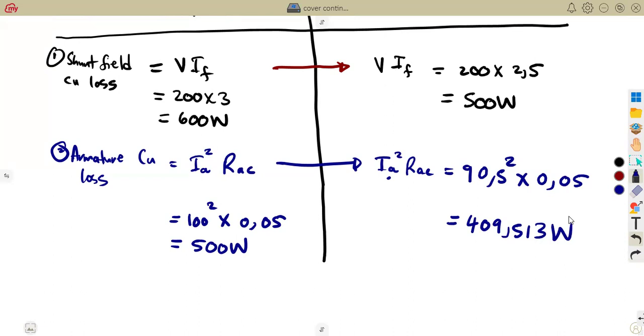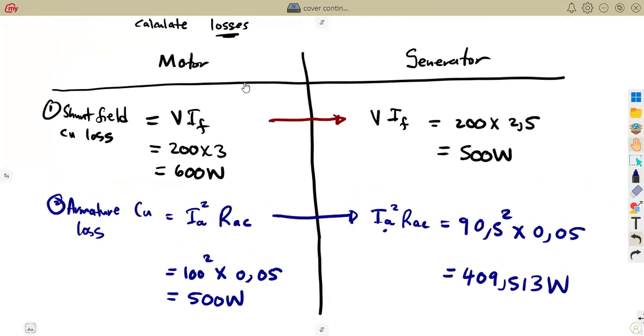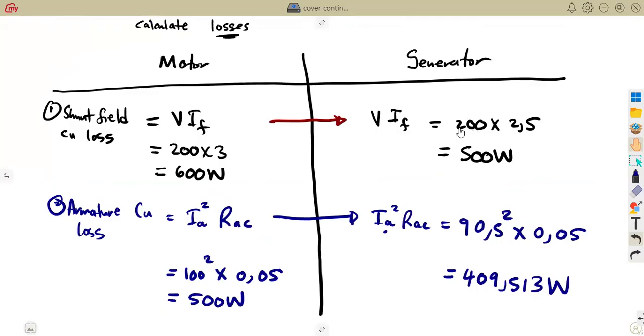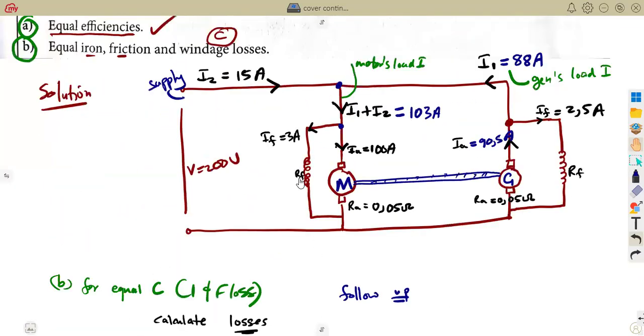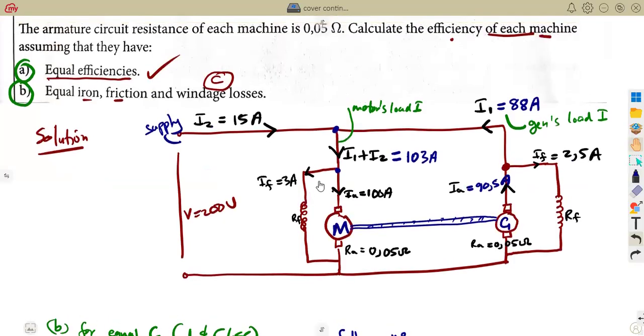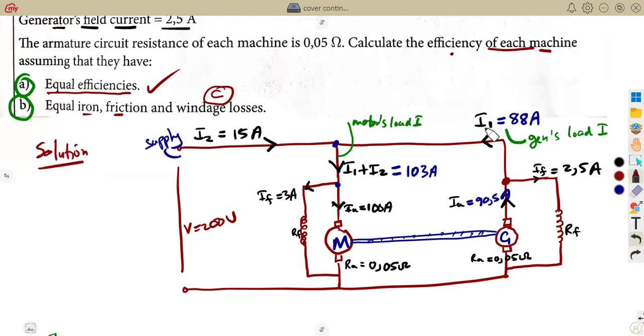So we have all the copper losses for both machines. I want you to be careful when answering this, because you might be asking whether we are going to have the table.